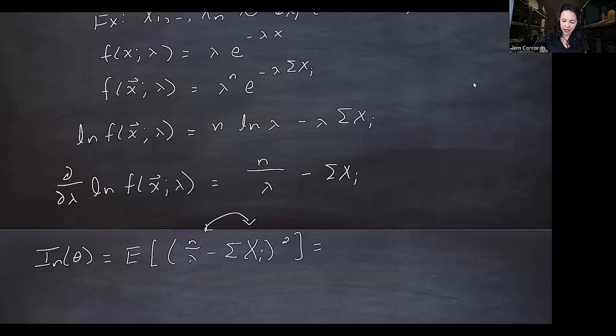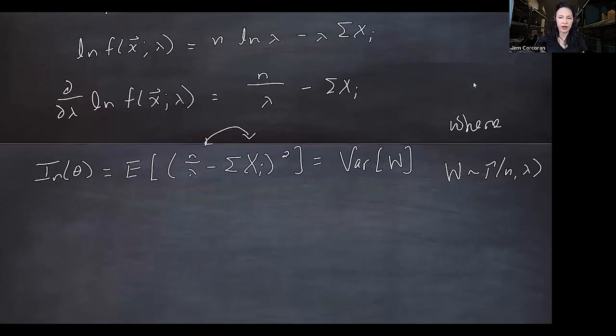So this is the mean of the gamma, and this is the variance of W, where W is gamma n lambda. I know we got through that. That's why I'm rushing this one. And then, yeah, if you look up the variance, it's alpha over beta squared, so n over lambda squared.